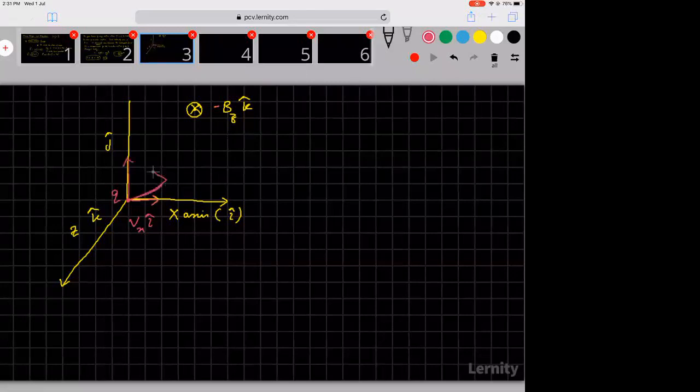At each point the force will be acting towards the center, and the body will try to move like this. So the body moves in a circle such that QVB is equal to mv squared by r. So here v gets cancelled, and I can now find out R is equal to mv by bq.